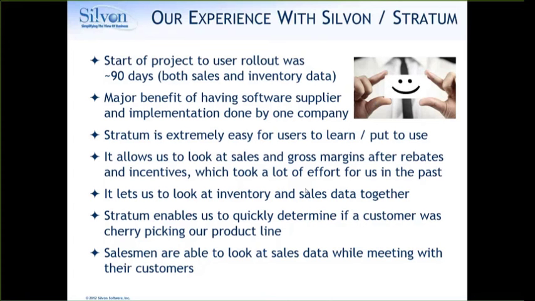A major benefit to us was that we were allowed to pull in additional data to let us look at the impact on our gross margins, if you will, of sales incentives and rebate programs that we had, something that we could not do in the past with our old system, nor would we be able to do it with the OBIE system.